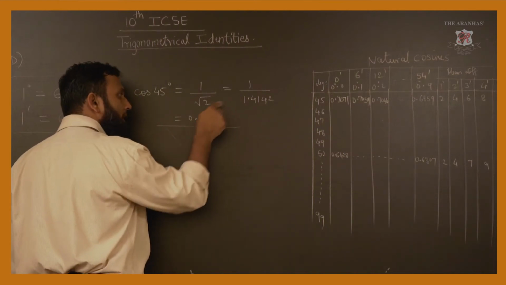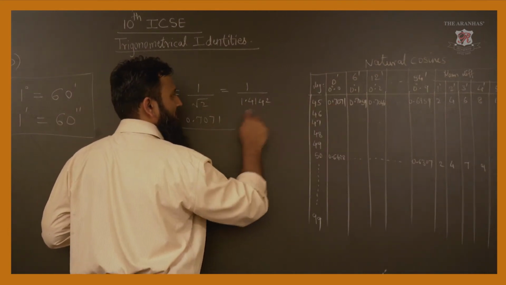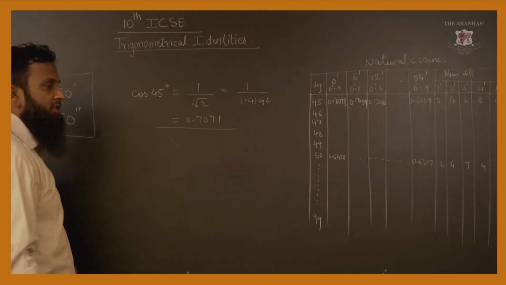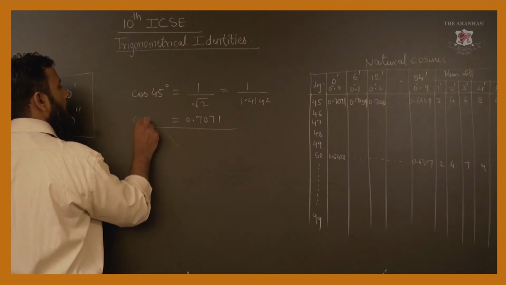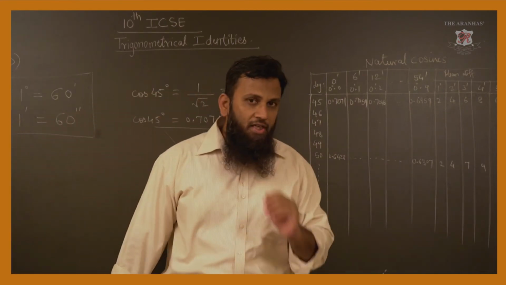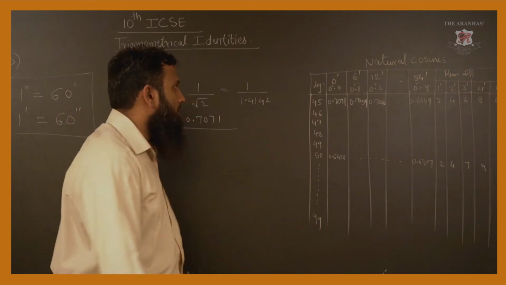If you look in the table, the tabular value also matches the calculation: cos 45 is 0.7071.